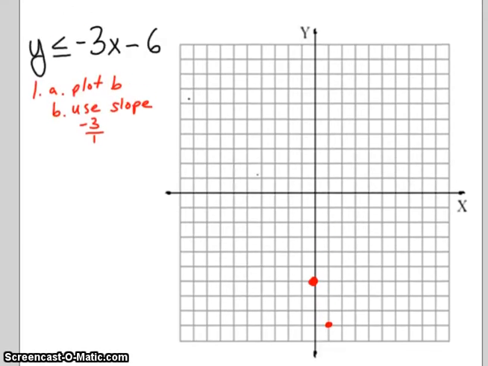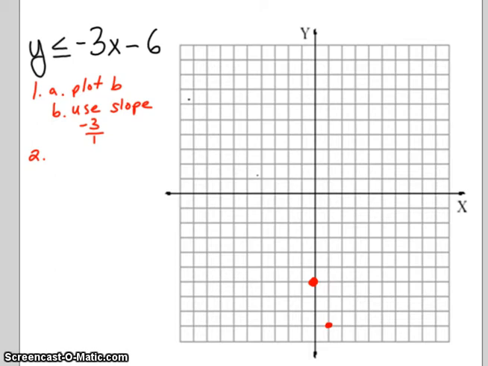Okay. Step 2. Alright, dotted or solid. What kind of a line are we going to draw? Alright, our inequality will tell us that. In this case, our inequality is less than or equal to. Alright, which tells us, let's go back.